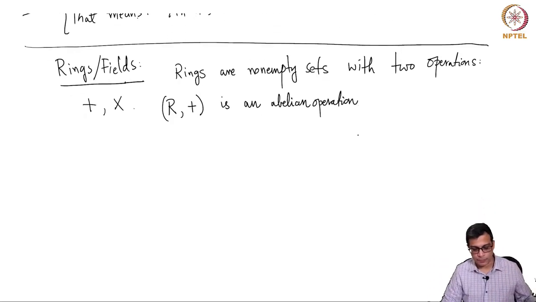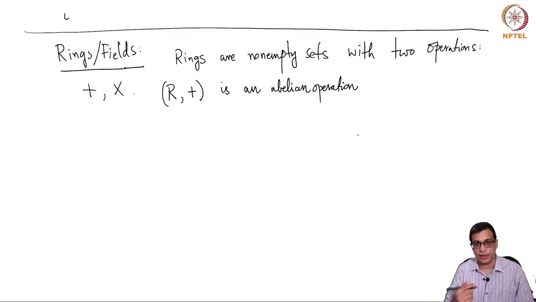In other words, it has an additive identity which we call 0, and multiplication is not necessarily a group operation.